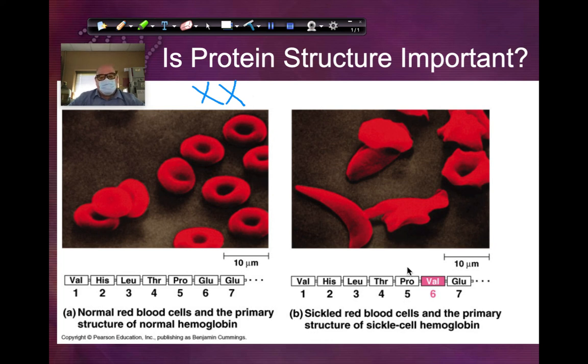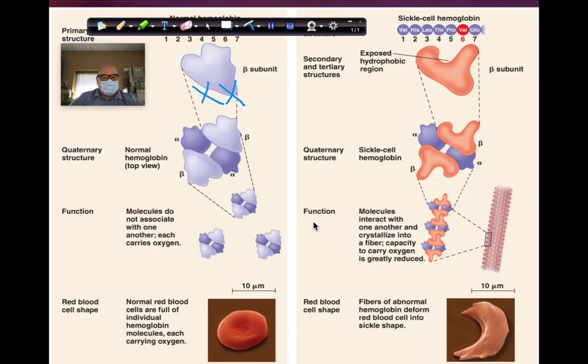But when you see one little change, we go from normal red blood cells, which are kind of like Cheerio looking, to sickle cell anemia just from one change. So this thing basically can't form a proper structure because of this one amino acid change. All right. Here's some sort of technical drawings on why it doesn't fold up right.